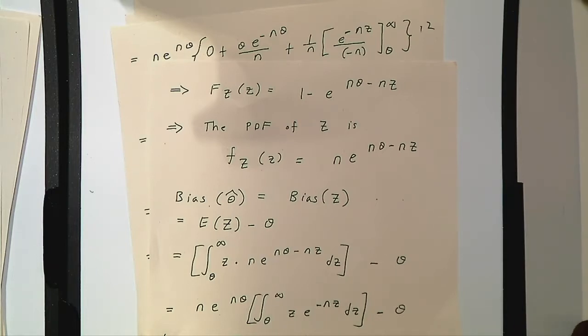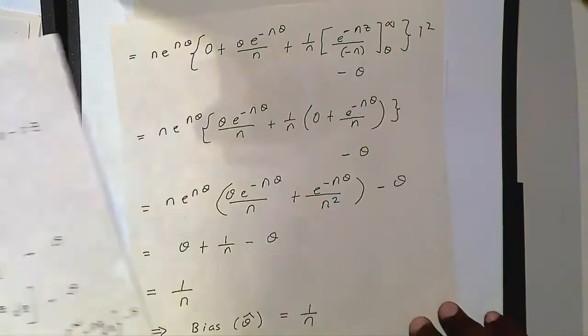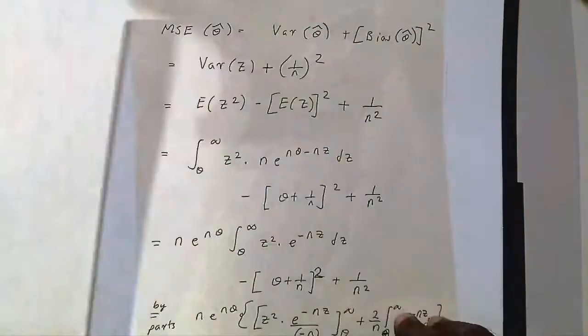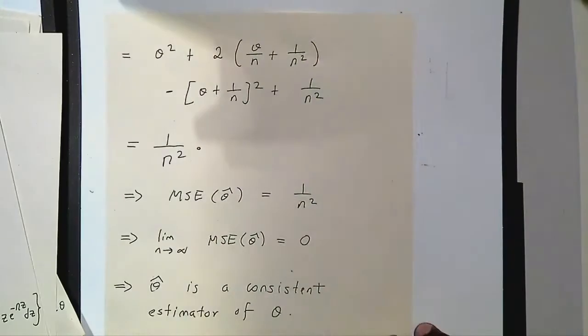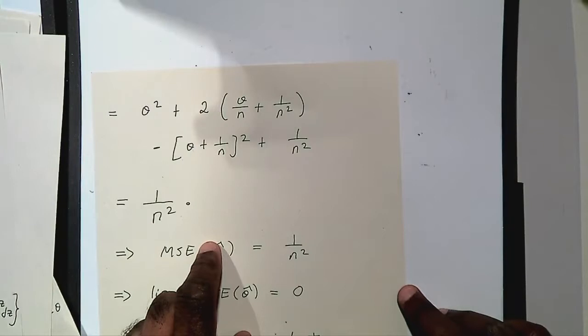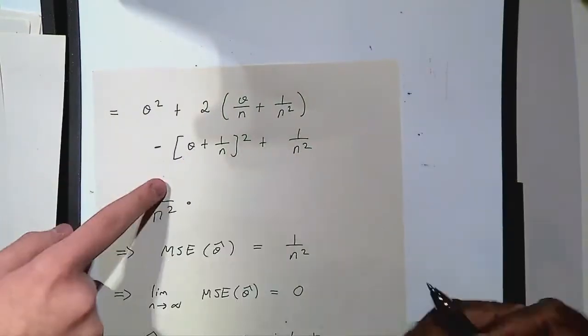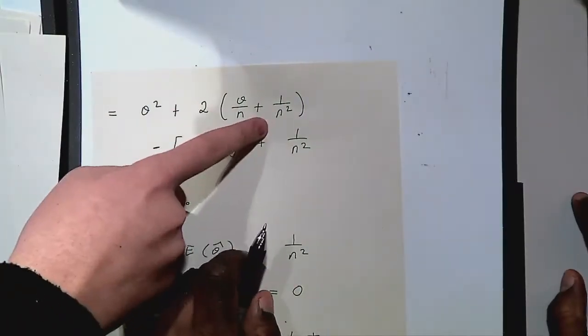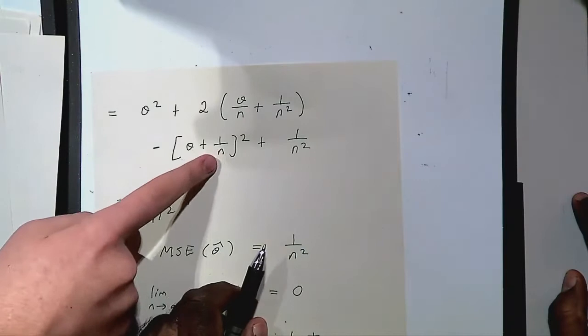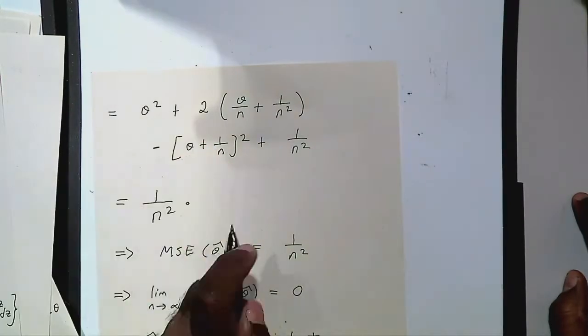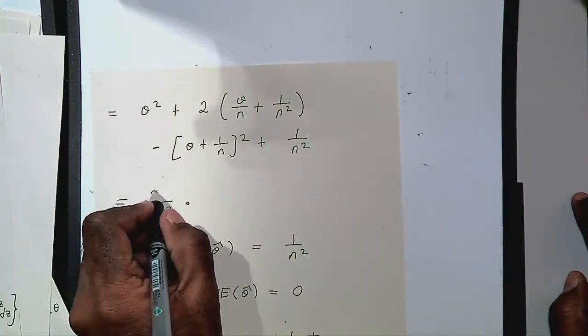Hello, are you Matthew? 2 over n squared rather than 1 over n squared. Is it 2? How did I get 2? How did I miss it out? The theta squared cancels, you get 2 over n squared here, and then minus 1 over n squared, and then plus again. Oh yeah, you are right.